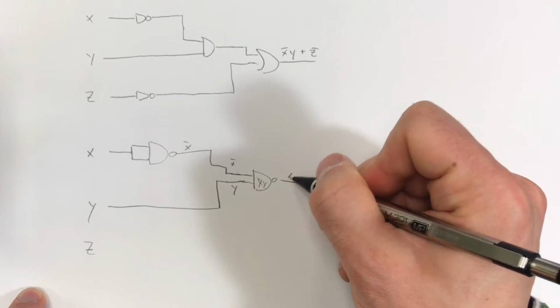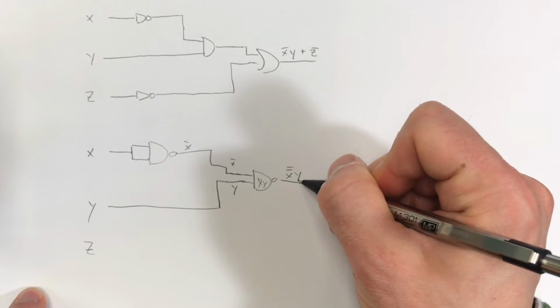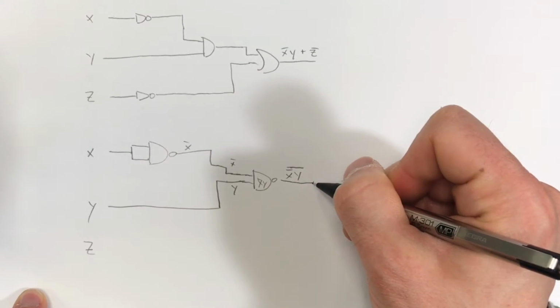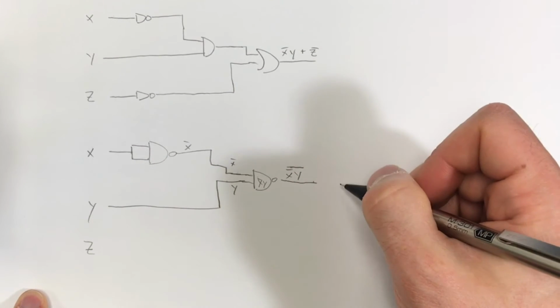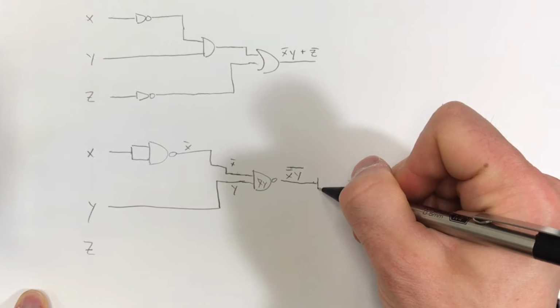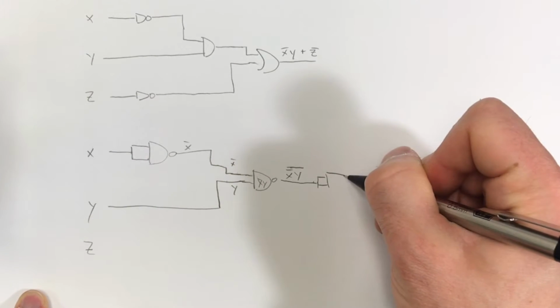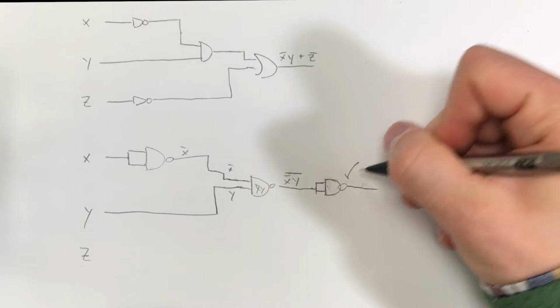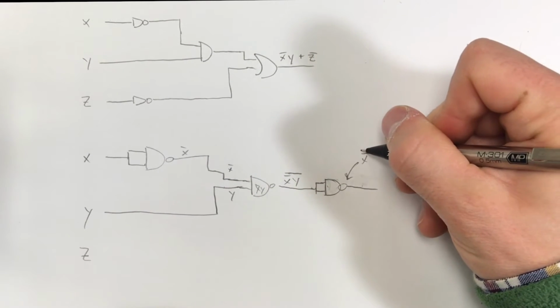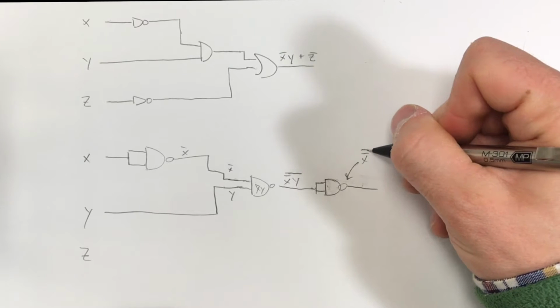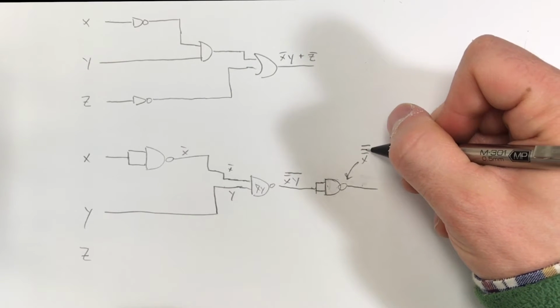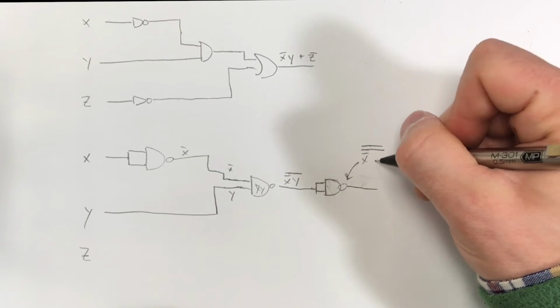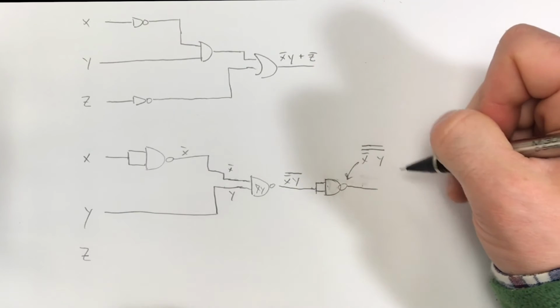So coming out of here, we're going to have X naught Y. And then we need to split the signal again, and in right here, it inverts to X naught Y naught.